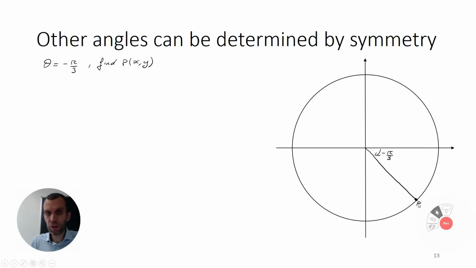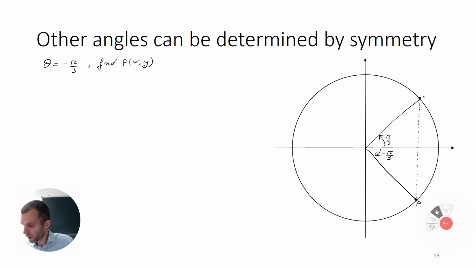And so I know nothing about minus pi over 3 at this point, but what I do know is theta is plus pi over 3. We just determined that and figured out that that was 1 divided by 2 for the x and square root of 3 divided by 2 for the y. So let's look at that point. If I take the angle pi over 3 here, and I call this point P prime, then I know that that point has coordinates 1/2, square root of 3 divided by 2.